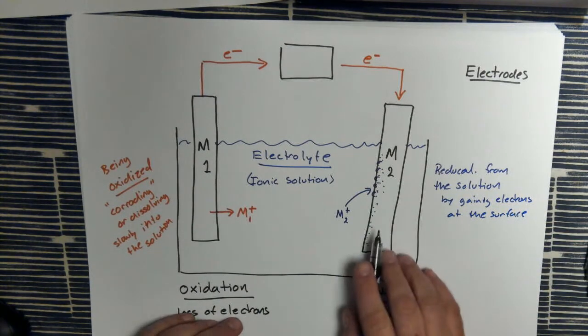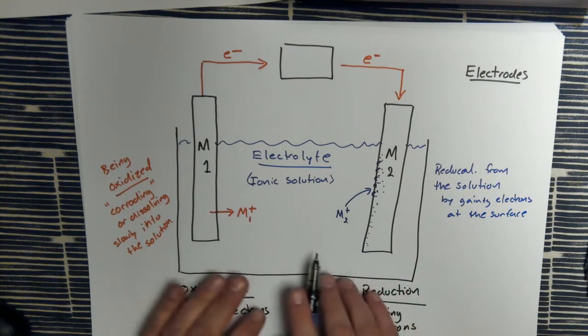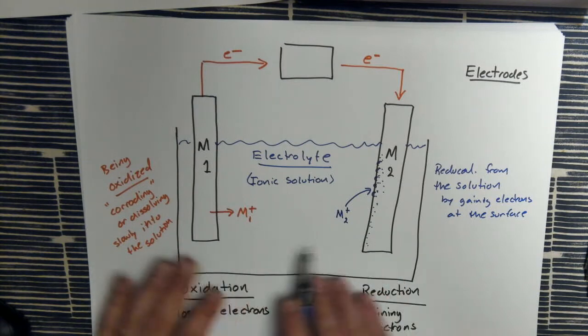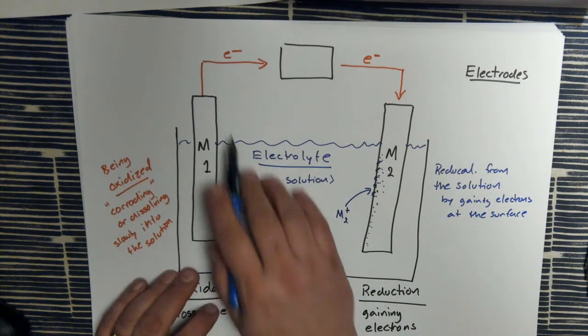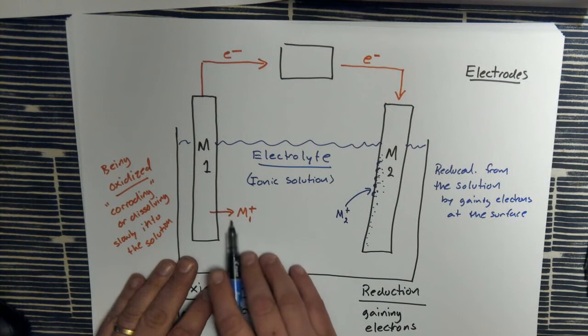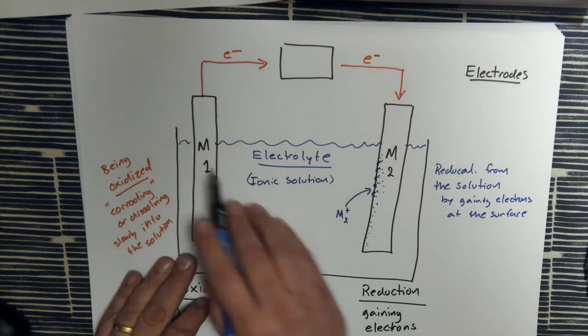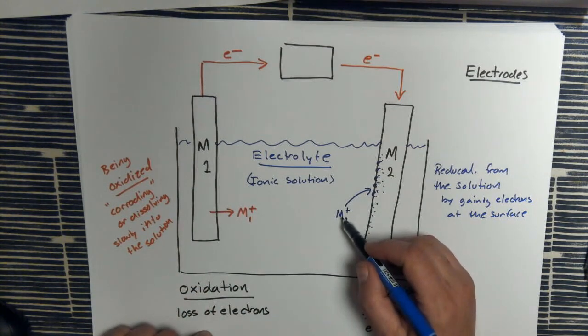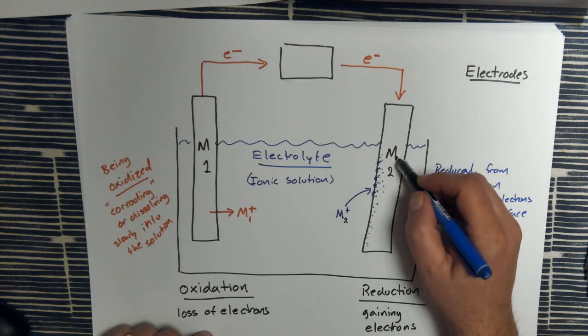Now, it's really important that right from the beginning, this is a little bit more complicated than it would seem. Even though this one is corroding and it's turning into the ion of this particular metal, this material here may or may not be the same as this.